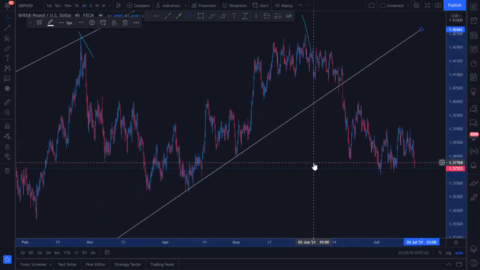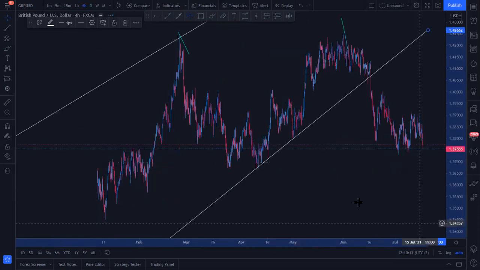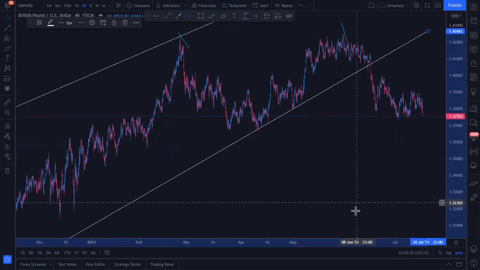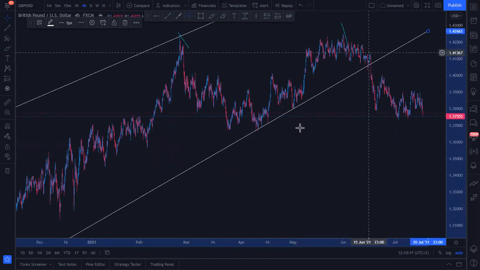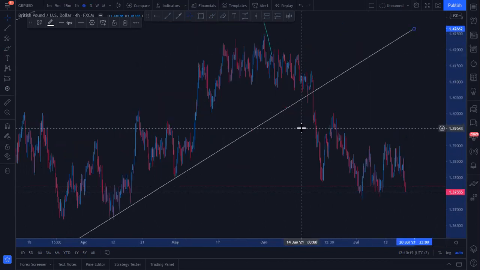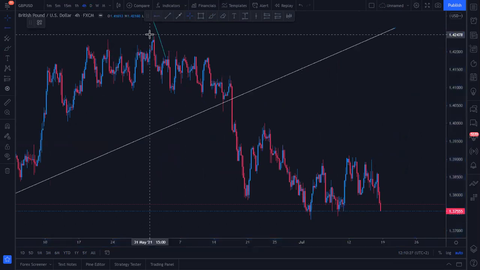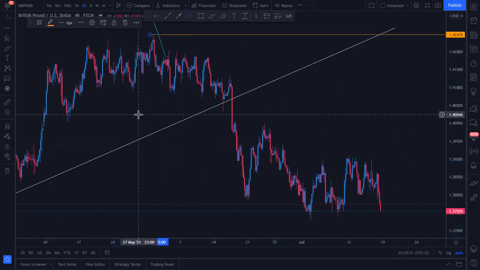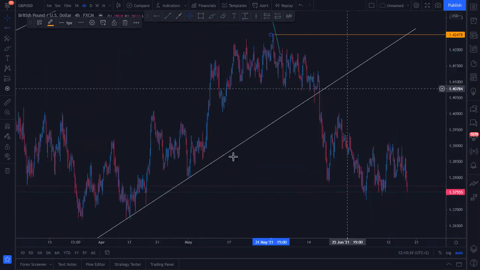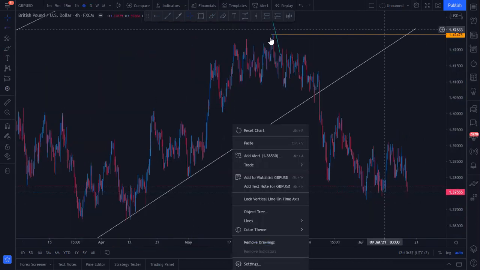So I have to make sure that I mark my significant levels also on the 4-hour time frame. Why am I marking these levels? Because these levels are going to guide me when I start to draw my trend line. Okay, guys, so now I have that level marked.